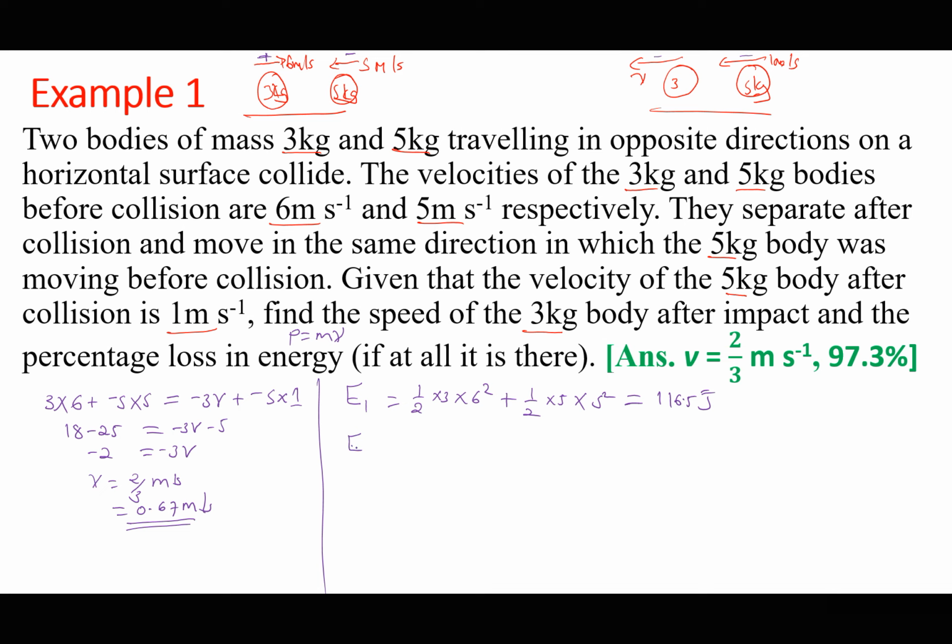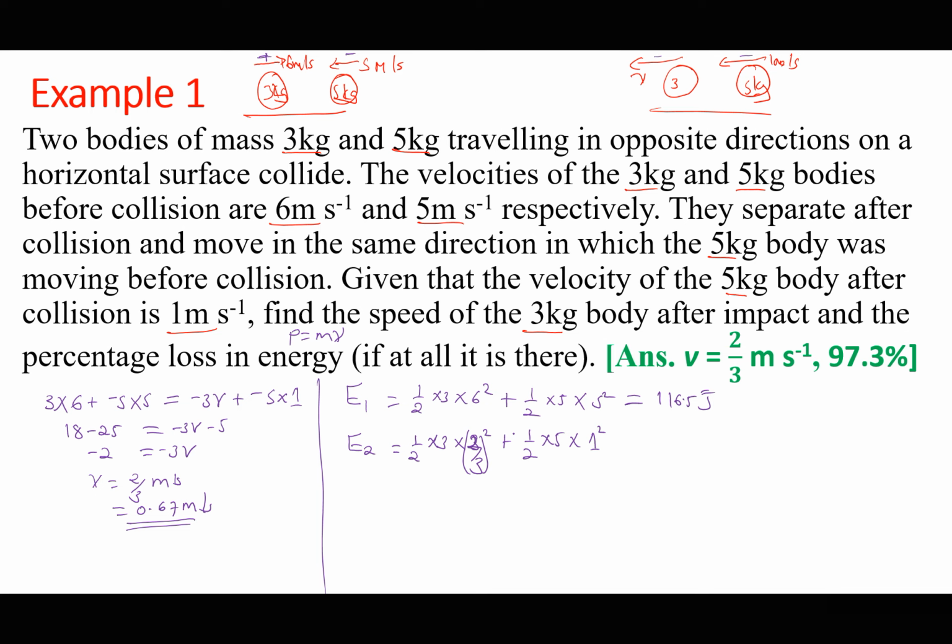Then let me find kinetic energy after the collision, I'll call it E2. So this will be a half times the 3 times the speed after the collision, plus a half times 5 times 1 squared. The speed after the collision is 2 over 3, that was v, so 2 over 3 squared.